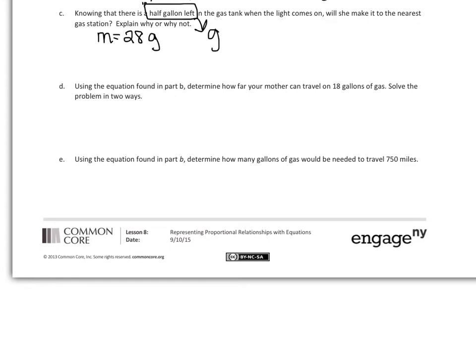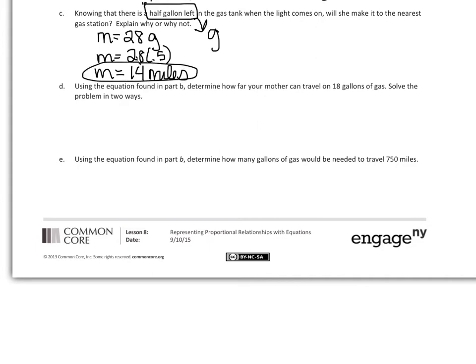So I'm going to plug in half, or 0.5, into my equation. And that just means I'm going to take 28 times 0.5, or think about what's half of 28. Well, half of 28 is 14 miles, because remember we're solving for M, and M represents miles.